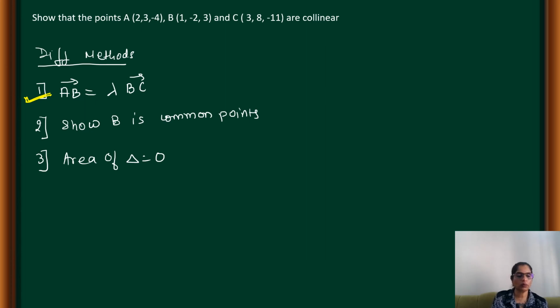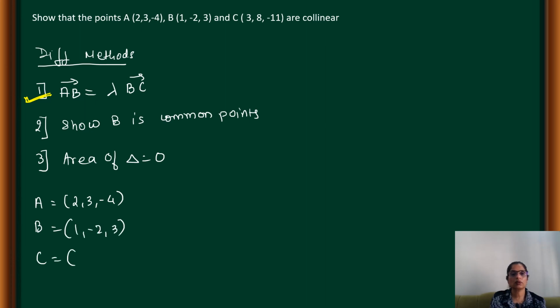So what are we going to do here? We have A and B points given to us. A is 2, 3 and -4. B is 1, -2 and 3, and C is 3, 8 and -11. What are we supposed to find out from here?